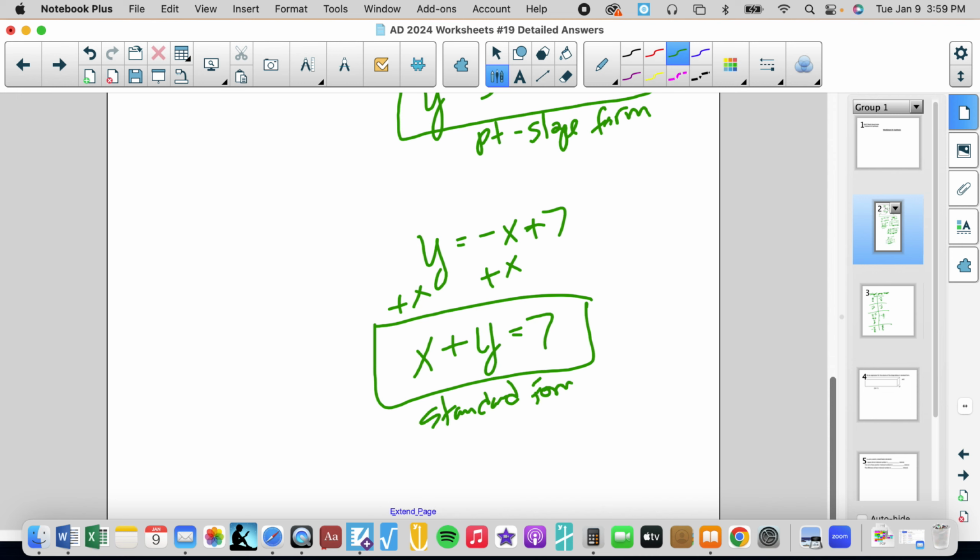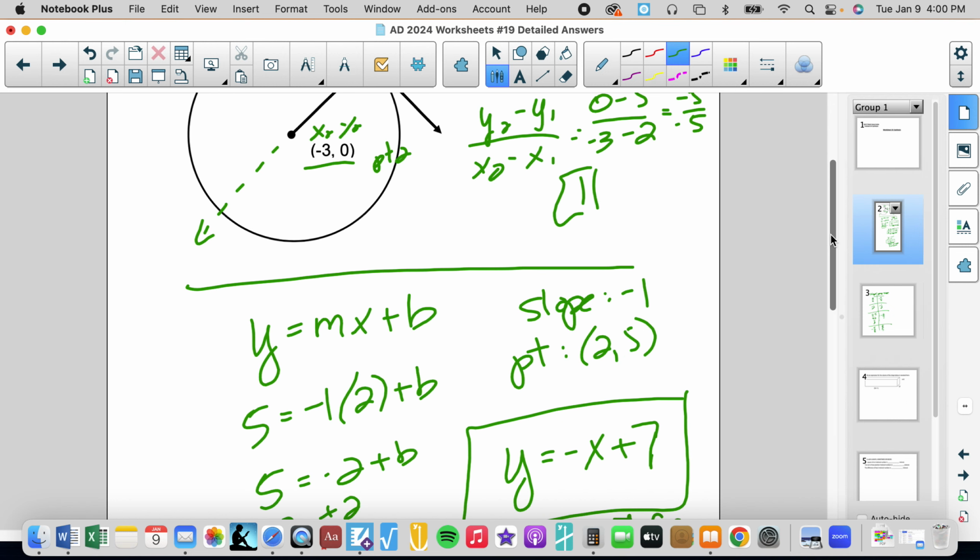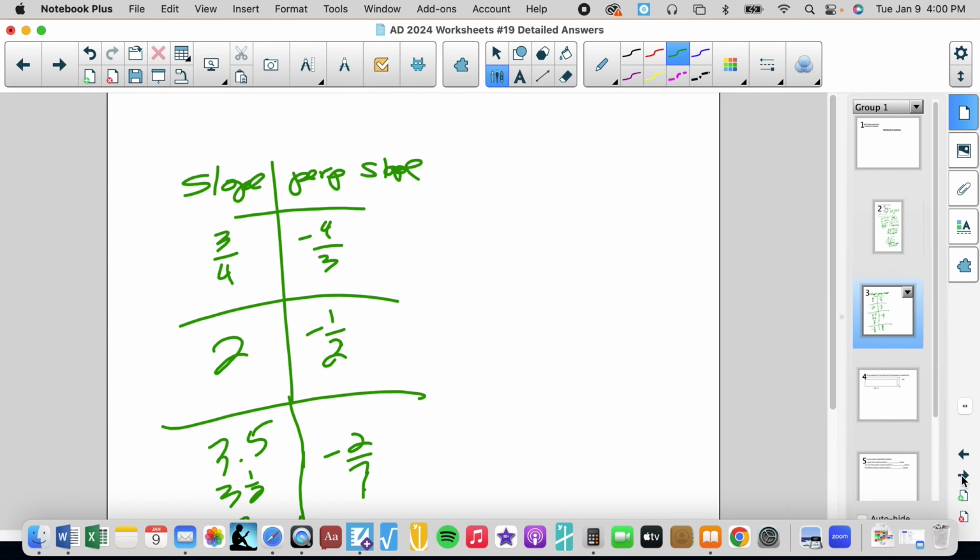And remember, when it's in standard form, a, b, and c must be integers, whole numbers and their opposites, and a must be positive. So in each of those, a is 1, b is 1, c is 7, so they're all integers, and a is positive. That's a good starting problem. Let's go!